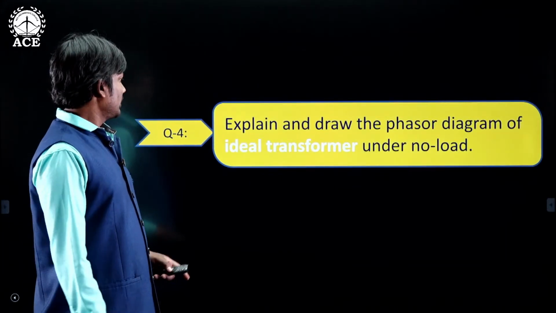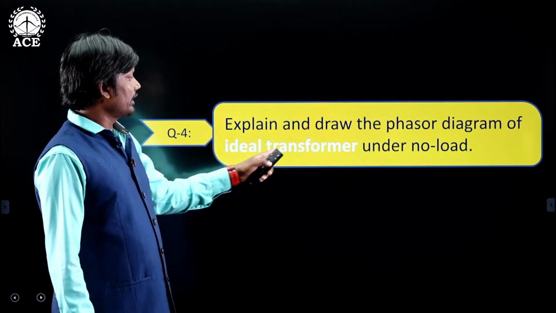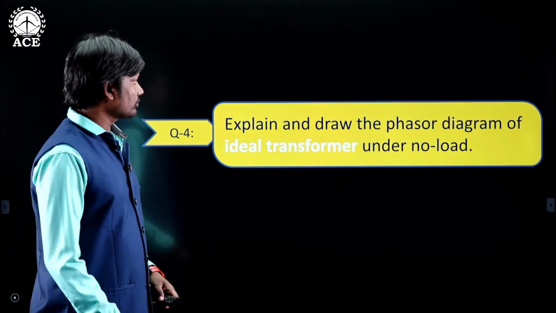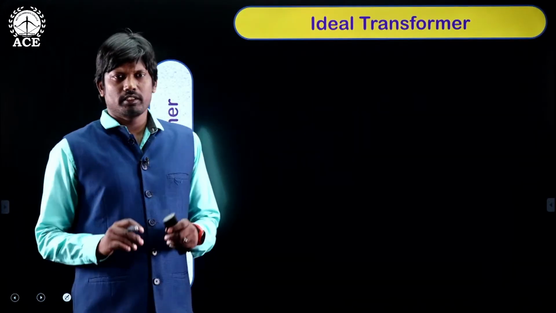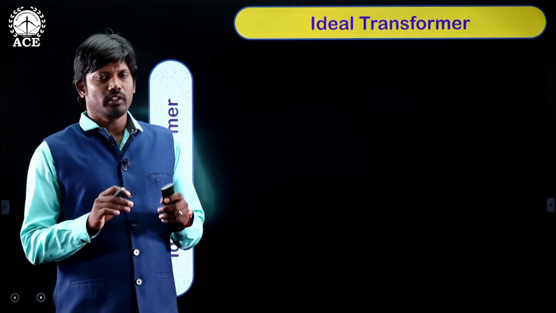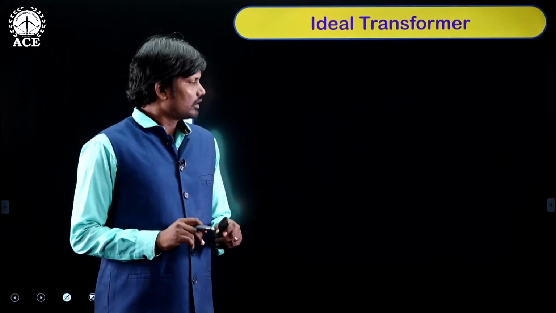So next question is, explain and draw the phasor diagram of an ideal transformer under no load condition. A transformer is said to be ideal if it satisfies the following properties.